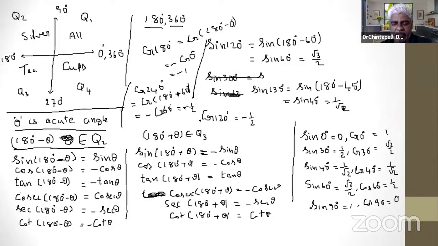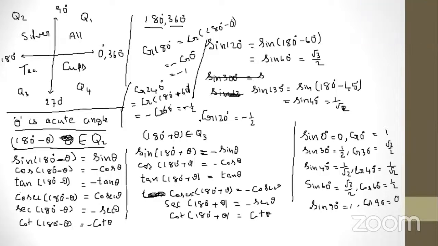Cot 240 degrees. That's root 3, but no. How much is tan 60, sir? Root 3.